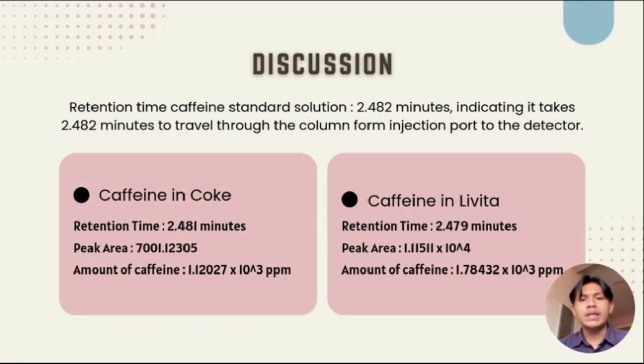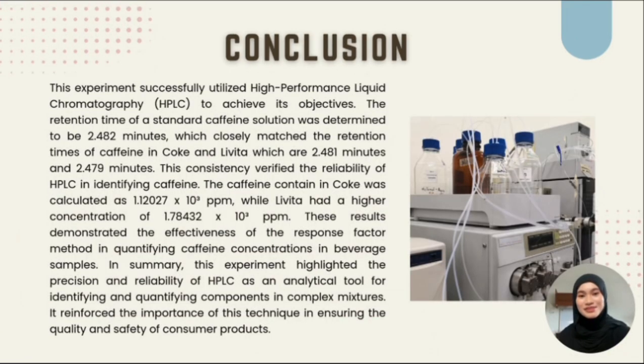In comparison, Nivita showed a slightly shorter retention time of 2.479 minutes, a peak area of 1.1511 times 10 to the power of 4, and a caffeine concentration of 1.7843 times 10 to the power of 3 ppm. These differences indicate higher caffeine levels in Nivita than in Coke, consistent with the expected formulation of energy drinks compared to soft drinks.